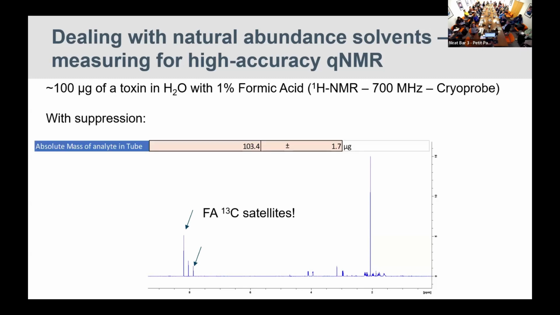So that's not a problem, and we can just calculate and we get, again, 103 micrograms of toxin with a 1.7% uncertainty roughly, which is pretty good. And then what we do in our CRM production is actually we just dilute that sample, and that's our CRM. So that's, again, as I said, that's why we don't want to add anything to those toxins, because that would make things really hard for us to actually deal with.